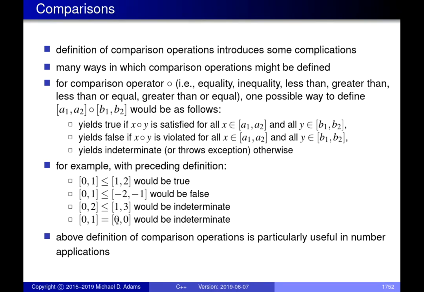But where the result is indeterminate, it throws an exception, and we would catch the exception, and that would be a signal to you that for some of the relational operators you're trying to use, the result couldn't be determined. That basically says that whatever you're trying to determine based on the interval arithmetic, it can't be determined, at least not with 100% certainty. Any questions about this? You can apply this to any of the relational operators.